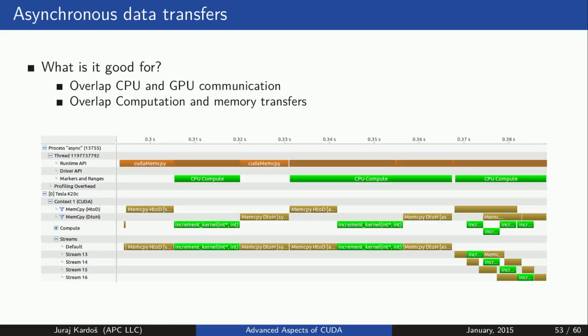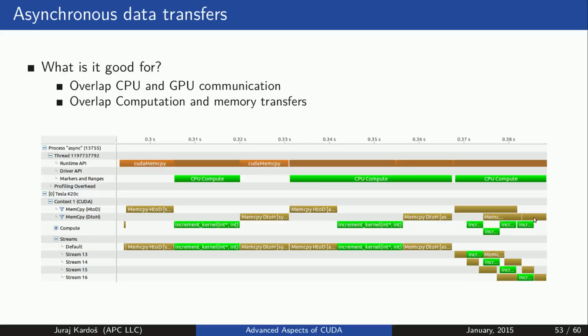In case we used blocking memory copies, only the kernel call is asynchronous with respect to host, so only this portion could be overlapped. There is no speedup when compared to blocking data transfers. We only utilized CPU. With asynchronous data transfers, it is possible to overlap communication and computation, as you can see here.